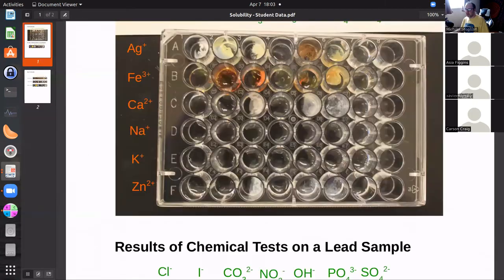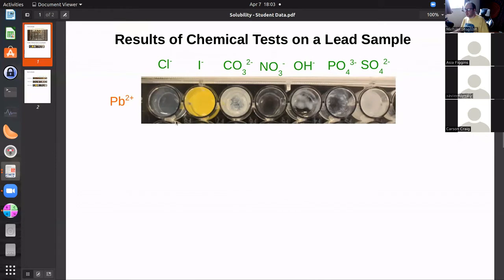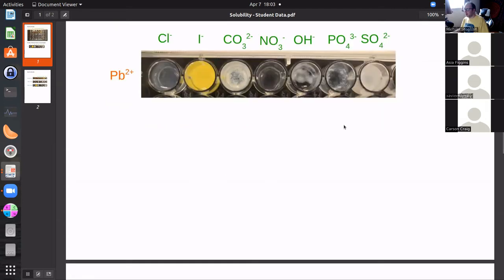If you go back to the data that I gave you, this is what happens when we take lead and we mix it with each one of the different anions. And you can see pretty much all of them, with the exception of nitrate, is going to form some kind of precipitate or at least a cloudy solution, right?